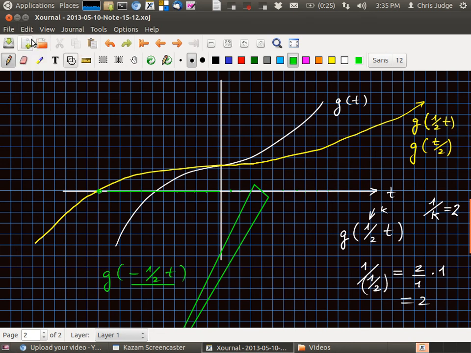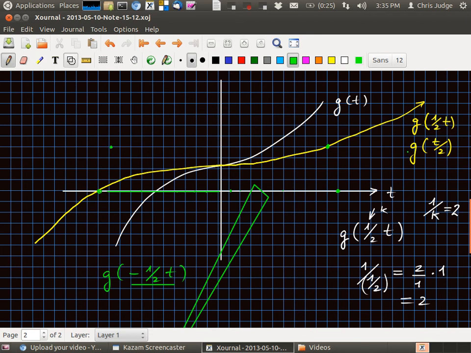So a value here, for example, for g of 1/2 t, would go over to here.